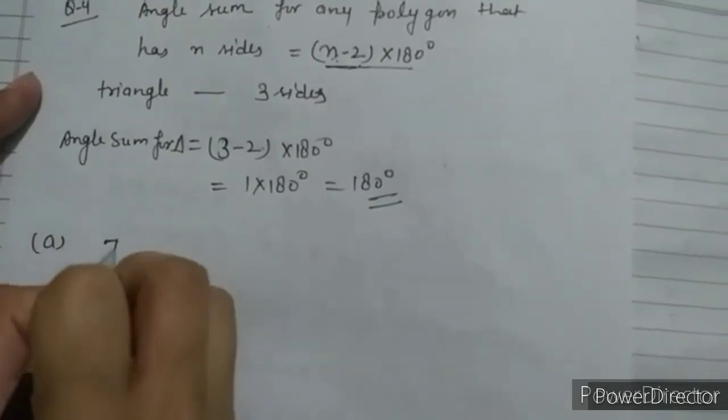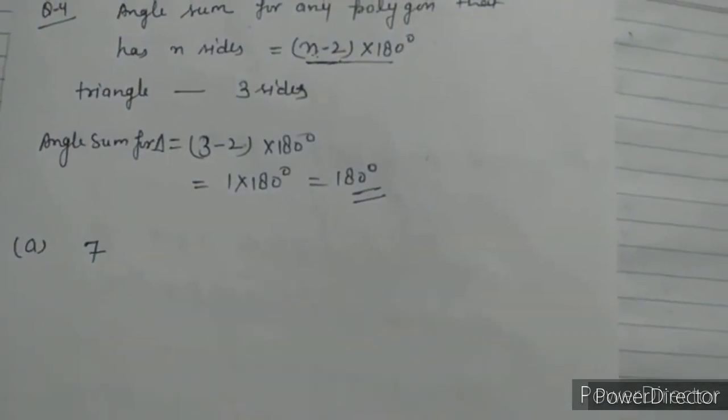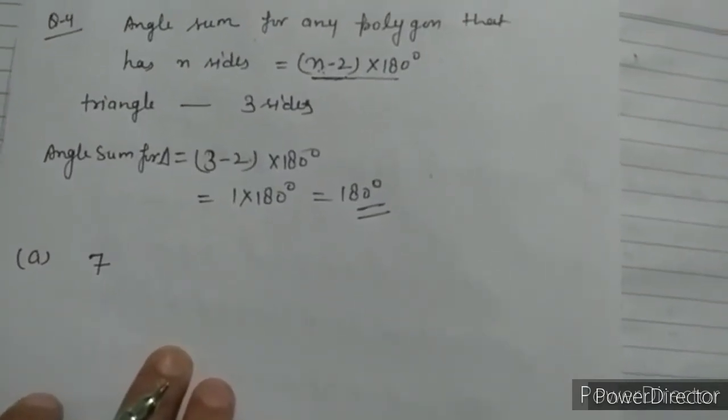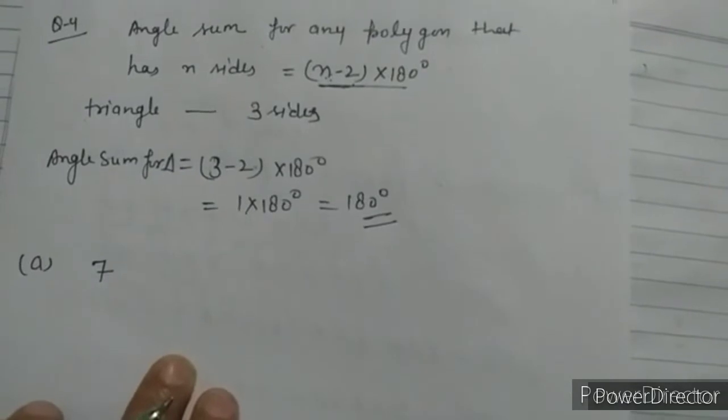Here A part is given 7. That is, the question will be, what can you say about the angle sum of a convex polygon with the number of sides?